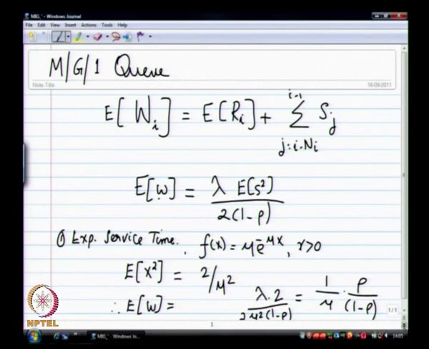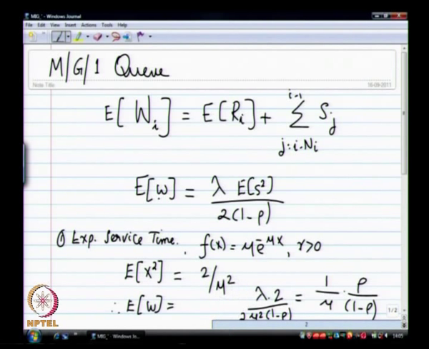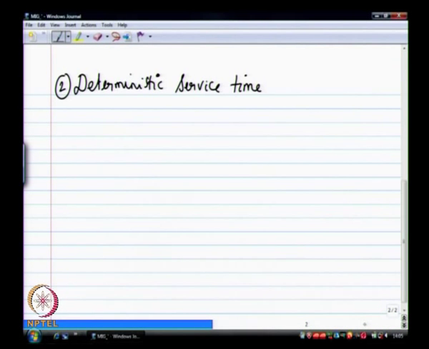Now we come to our special case, a deterministic service time. How will you define the deterministic service time? Let us say that the service time is fixed as 1 over mu. There is only one value for service time, all packets are fixed length, so all customers have the same service time.